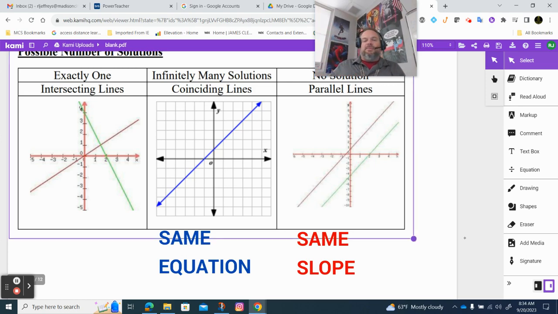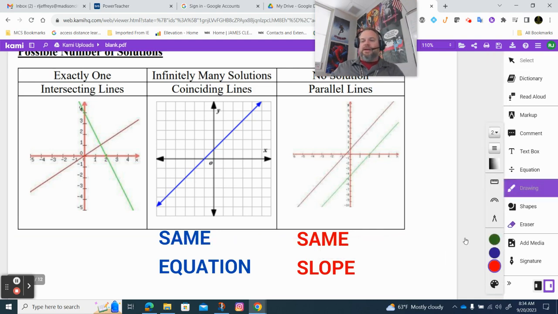This right here is going to be the same slope. Over one, up two. Both of these are y equals 2x plus 1 and y equals 2x minus 4.